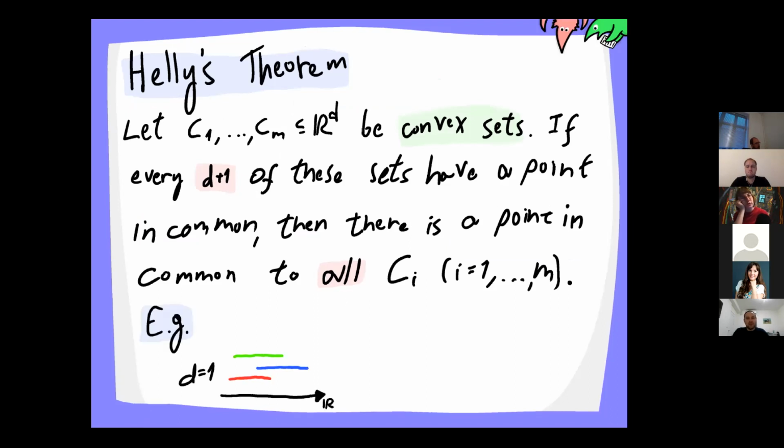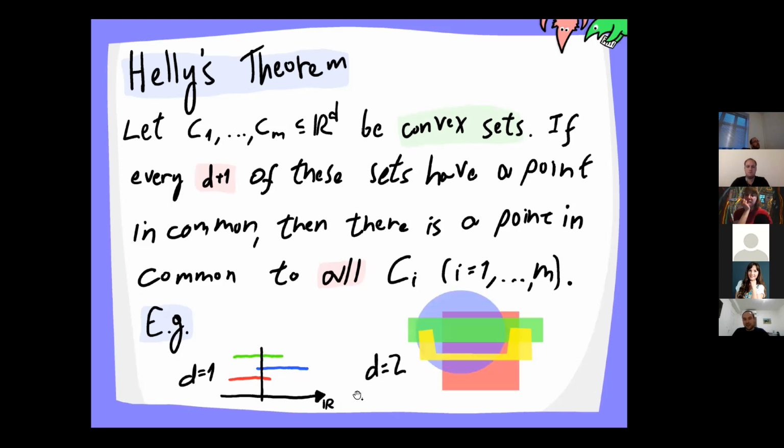For example, in dimension 1, convex sets are just intervals, and Helly's theorem tells us that if we have a family of intervals and any two of them intersect, then in fact there must be a point in common to all of the intervals.